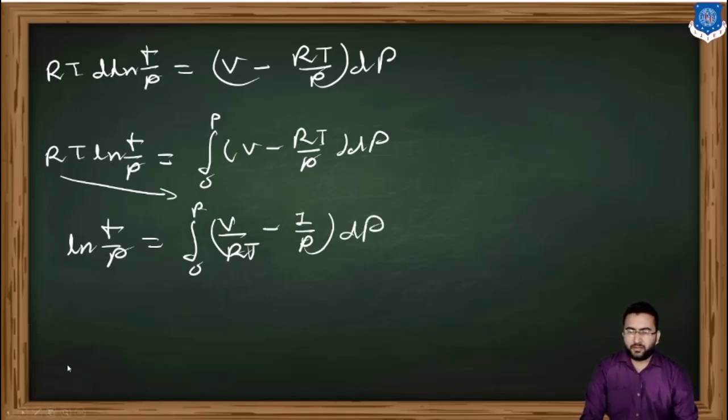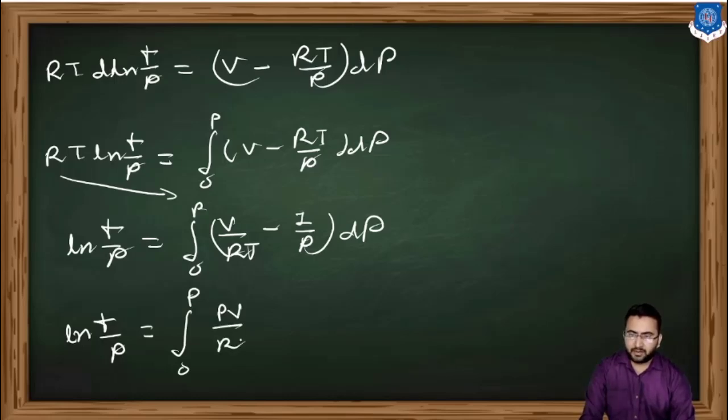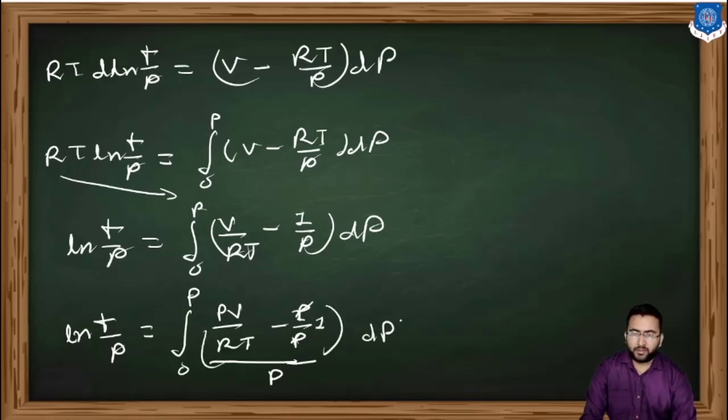Multiplying and dividing by P, we will get ln f upon P is equal to integration from 0 to P of PV upon RT upon P. Here we multiply with P and divide by P, so that P cancels and it becomes 1 into dP.